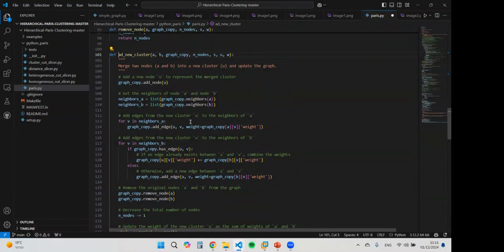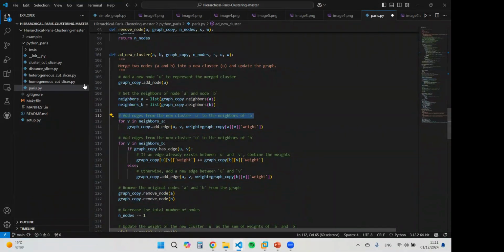You remember the pseudocode where we took two nodes and merged them into one. So our way to compute the new weight of the new node is like so. We add every neighbor of the first. You know, we take two.